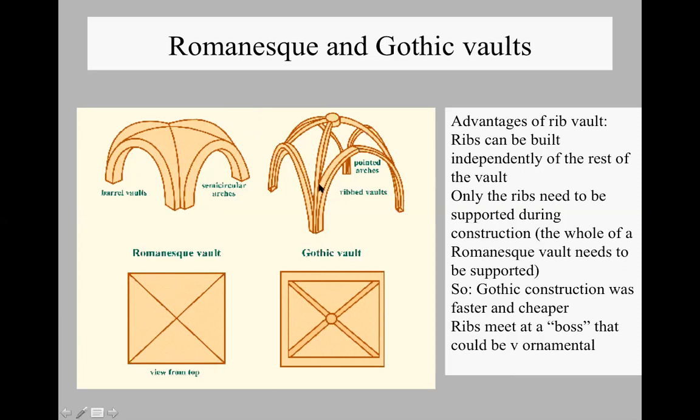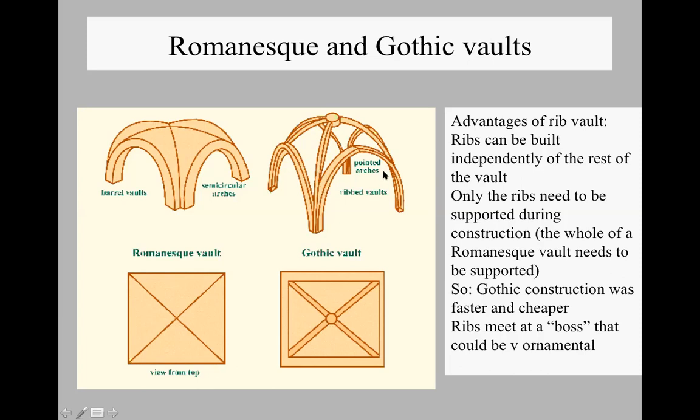Gothic vault is made up of ribs. Now, the thing about ribs is that you can build them first, as you can see here on the right, and then you fill them in. So it's a much quicker, more economical way of building. And of course, the ribs themselves have decorative value. And the arches are pointed, as I've mentioned.